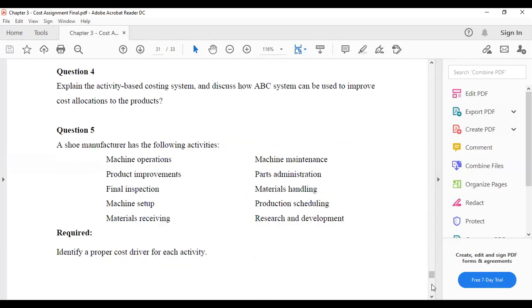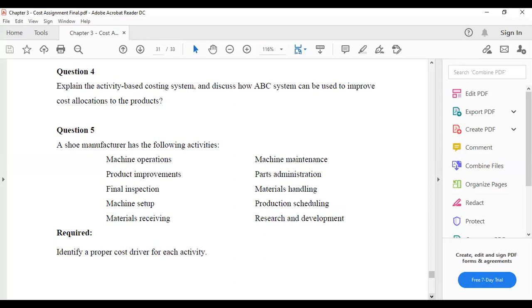Today we'll be coming to the other part of the discussion relating to your chapter 3, cost assignment. It is about activity-based costing. We'll be looking at a couple of questions in that.